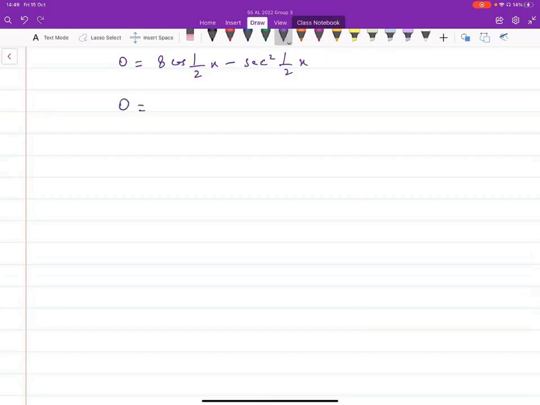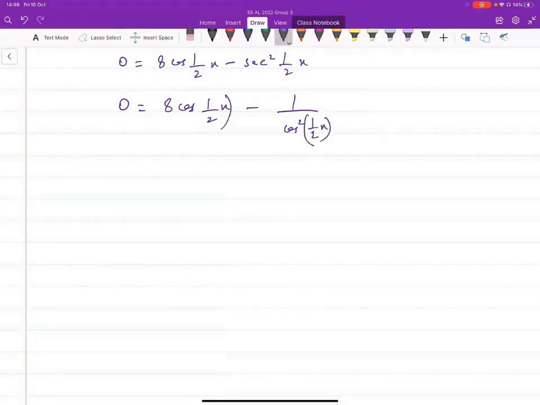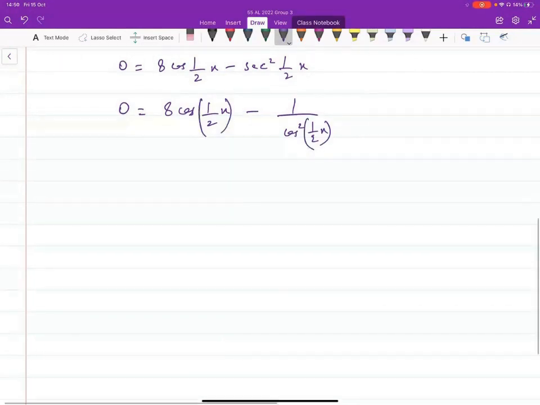We've got 0 equals 8 cos half x minus 1 over cos square half x. Is this okay? Now we multiply the whole equation by cos square half x. Cos square half x से multiply कर दें. What do we get from that?